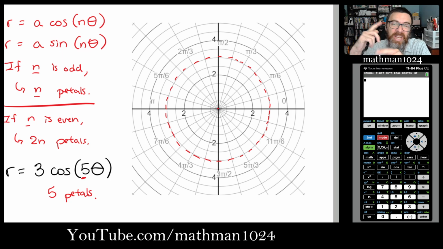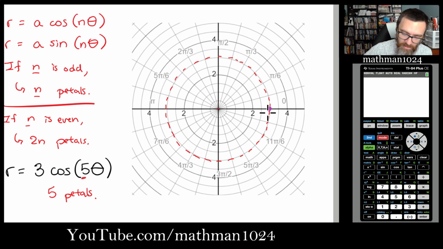You're going to have a petal in every other region. Now, when it comes to cosine, if you start with theta equals 0, cosine of 0 is 1, you would have a radius automatically over here at 3, at the maximum value.